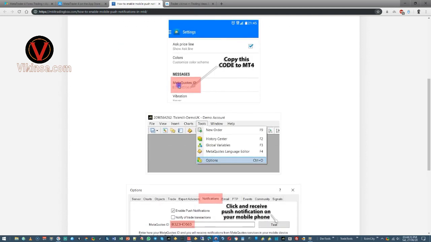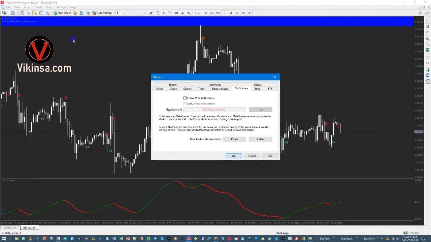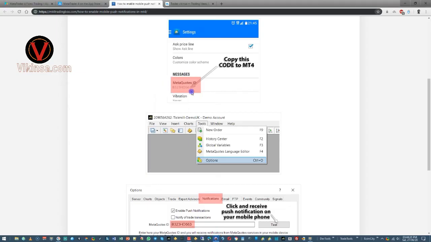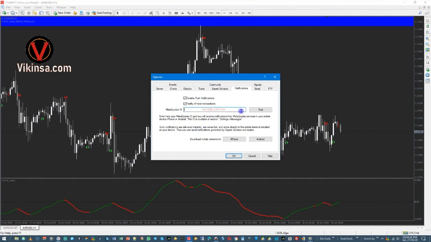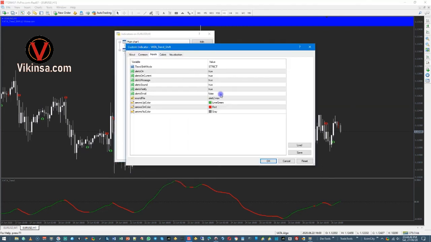Once you copy this, come to your MT4 on which the VATA Trend is running, go to tools, click on options, and in here under notifications, click on enable push notification, and the code that you copied from your mobile app, that needs to be copied into this. Once you have copied that, press test, and you will automatically receive a notification on your mobile. Once you have done that, leave the VATA Trend Algo running, and make sure that it is still set to notify as true. Now that's it.